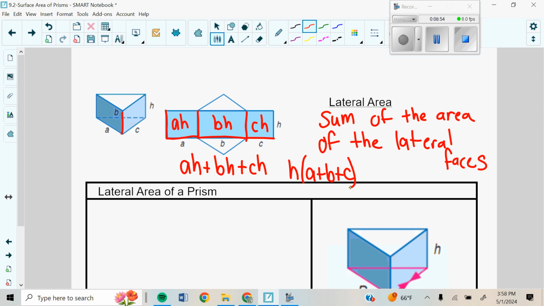Now, A plus B plus C happens to be the perimeter of my base. And so that's our lateral area formula: the perimeter of the base times the height of the prism.